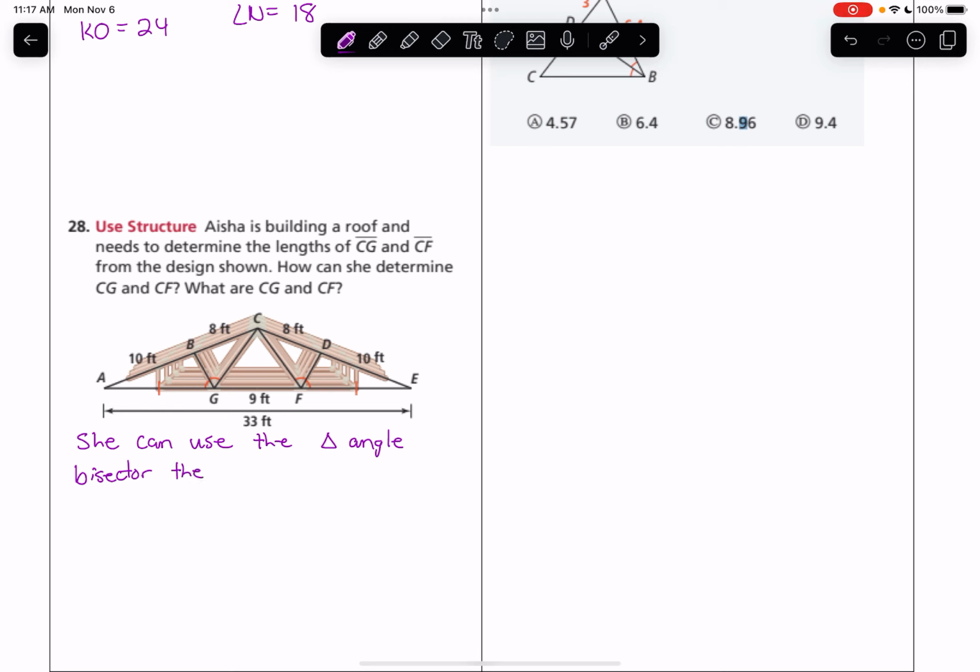And she's trying to find the length of CG and CF, which are congruent. They're these lengths right here.